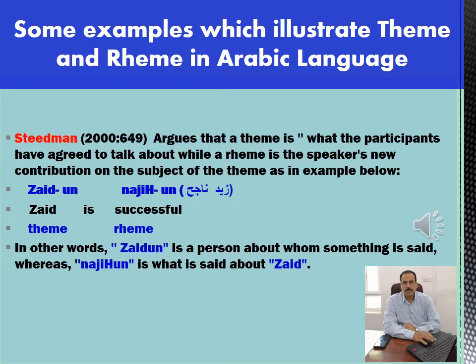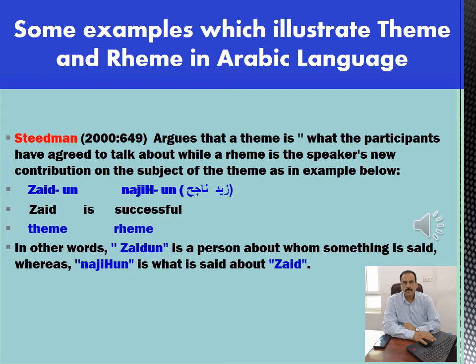Zaydun najihun. Zayd is successful. Actually, this type of sentence is called a verbless sentence. In a verbless sentence, there is no auxiliary verb or any verb. See, Zaydun najihun. Zayd ends with the suffix un.